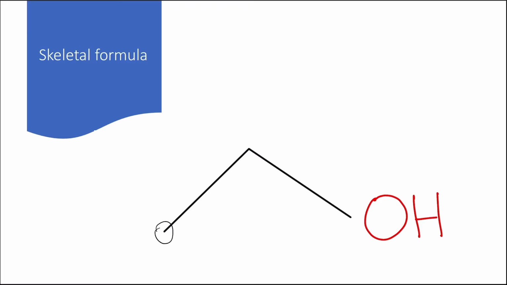Every corner is a carbon atom. So you do not draw out carbon and hydrogen, but apart from that, every single element has to be drawn out. In this example, as you can see, the OH is written out. But apart from that, carbon and hydrogen atoms are not drawn out. And as I said, every corner represents a carbon atom.